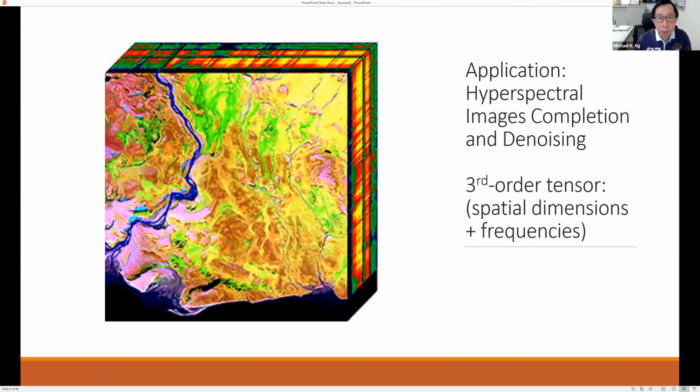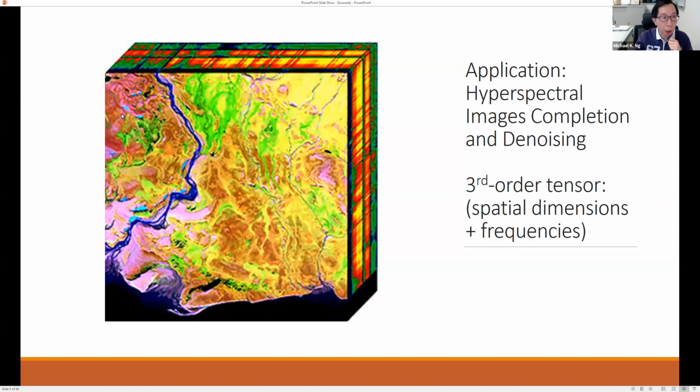Another bigger cube, instead of just RGB, deals with different frequencies. Again you have spatial dimensions, and then you have several frequencies. It depends on the remote sensing technology. Typically it is 100 something, but some remote sensing tools can acquire more frequencies. So it depends on the technology.